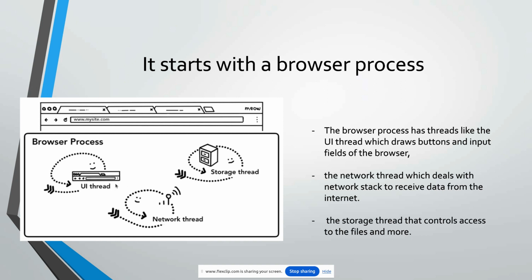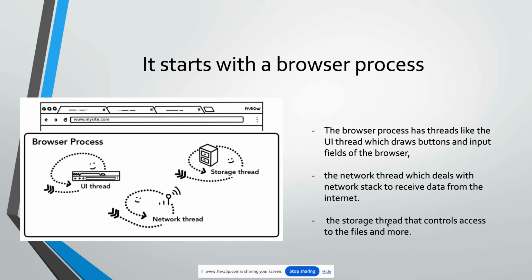The UI thread is the one who parses it and tells whether your input is a search engine query or a URL. It also handles the buttons and the address bar. Another thread handles the network stack, or receives data from the internet.